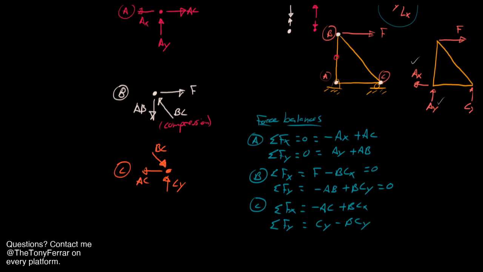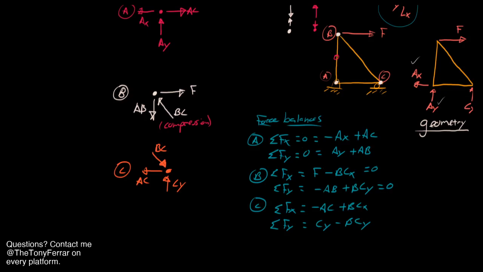And from there, just like in any problem, we want to do some geometry. So our next step is to work out any geometry that we might need. In this case, the only thing that needs to be broken into components is the force BC.